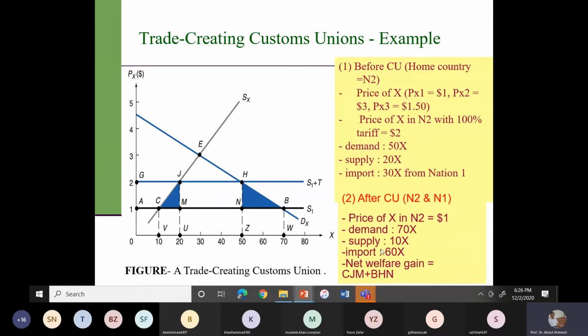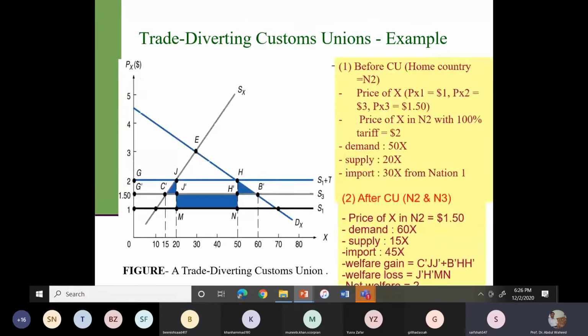So there is a net welfare gain. Whenever there is a formation of a customs union of a nation with a low cost provider, we are sure there will be a net welfare gain and there will be trade creation. Now I will show you another example of a customs union.